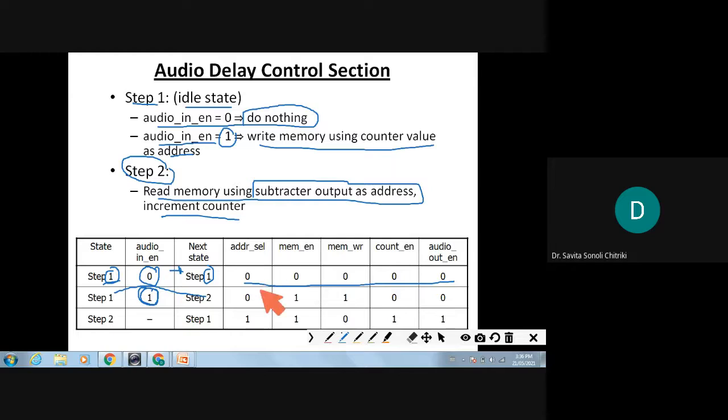In step 1, what will be the address select? 0, ma'am. Why will it be 0? You are taking the address from where? Address is generated from where, if address select is equal to 0?